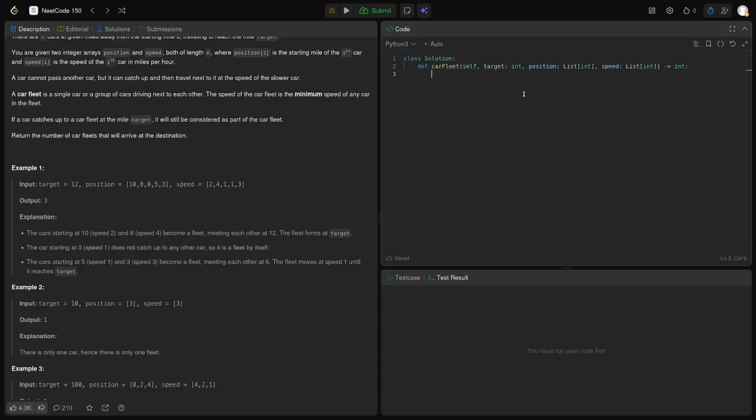So I would sort the cars by position, right? So let's do this. C equals list of range n, then C sort with key lambda x: position[x].